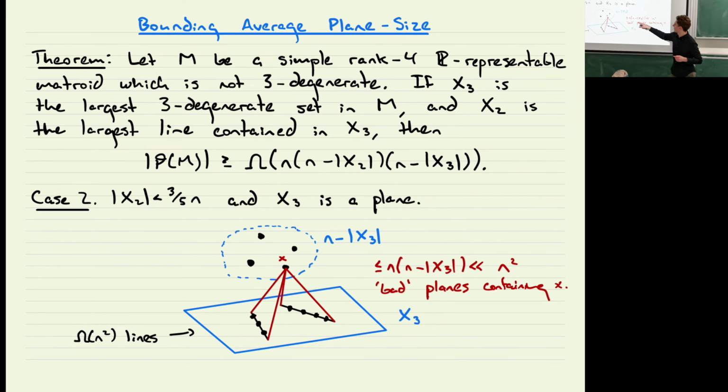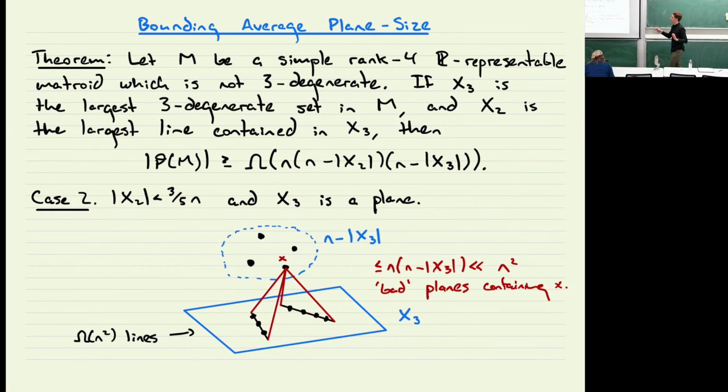That means there are at most n times the size of the leftover set bad planes that we're going to throw away. But because the leftover set can be made so tiny, this is a very tiny fraction of n squared.